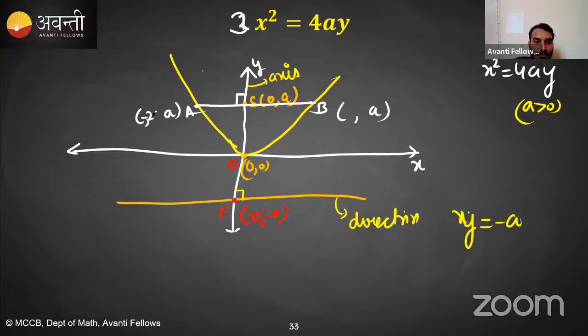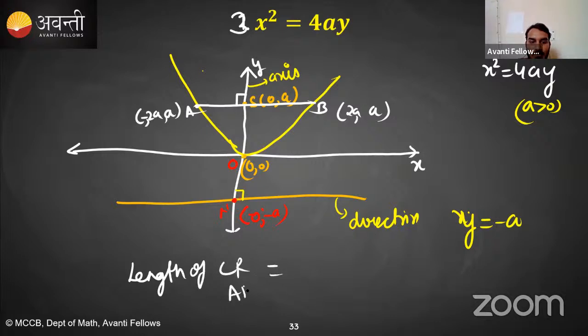So this is -2a and this is 2a. So the length of the latus rectum, which is AB, is 4a. Is this clear everyone? Tell me quickly in the chat box how many of you understood this. Clear?